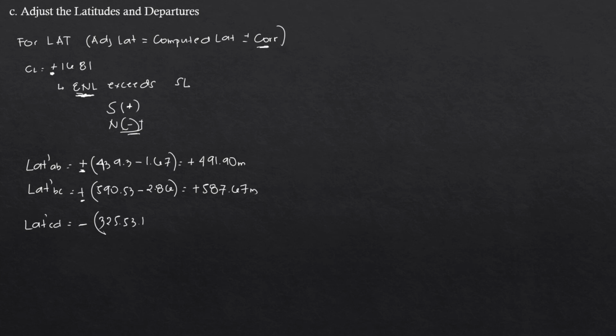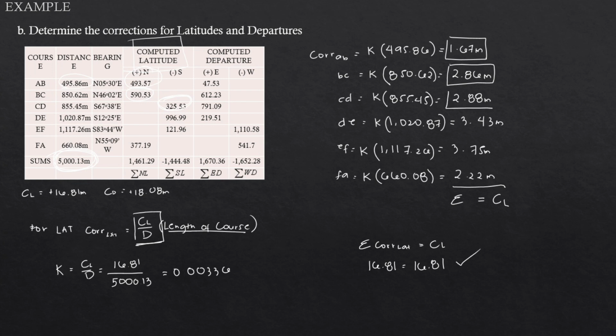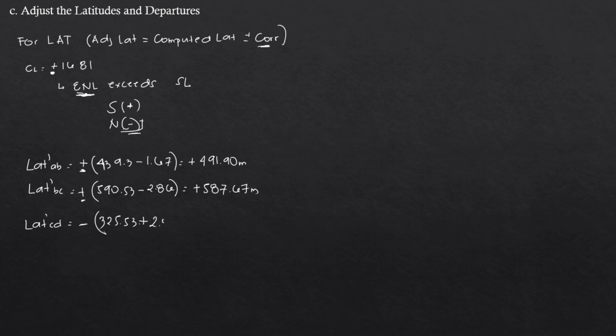So, plus 2.88. Okay. Plus 2.88. So, is equal to, paki-compute. So, meron tayong negative 328.41 meters. Okay, so yung sa module nyo, pakipalitan yun ng plus 2.88. Typo error ulit yun.